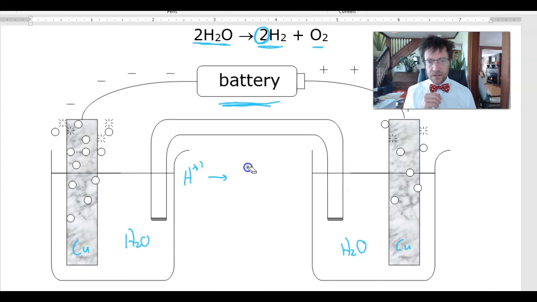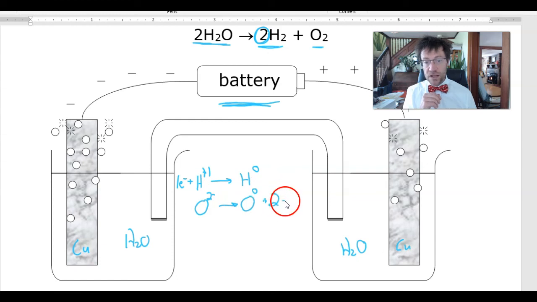Oh man, that was so bad. Let me do it again. Hydrogen with a plus 1 turns into hydrogen with a 0 charge. So we have to add 1 electron here. Oxygen with a 2 minus turns into oxygen with a 0, and there are 2 electrons that pop out.